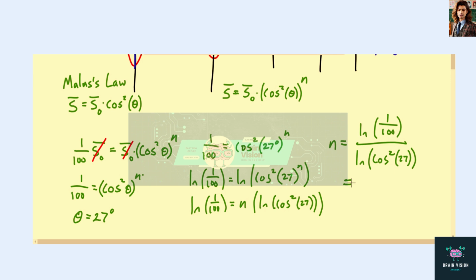Plug that into your calculator, and you're going to get something like 19.95. So basically, if you want to get down to a factor of 1/100th the initial intensity you started with, you need to add 19.95 or 20 of these analyzers in order to decrease the intensity by that amount.